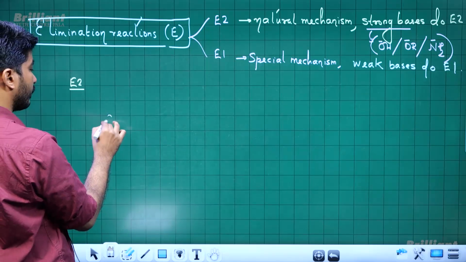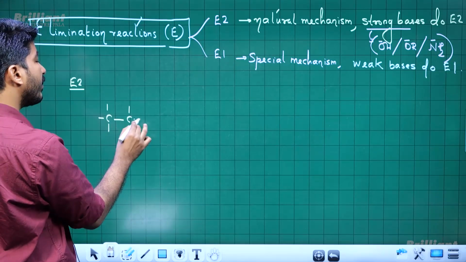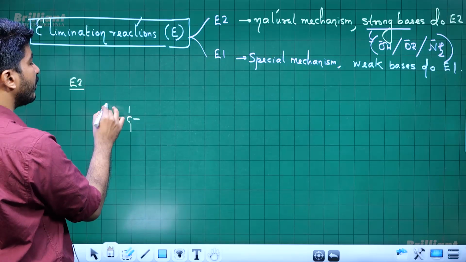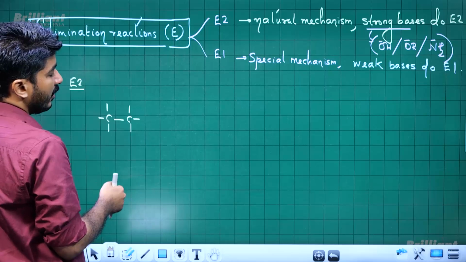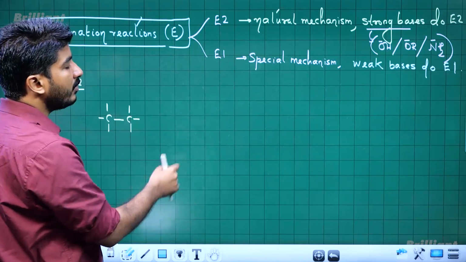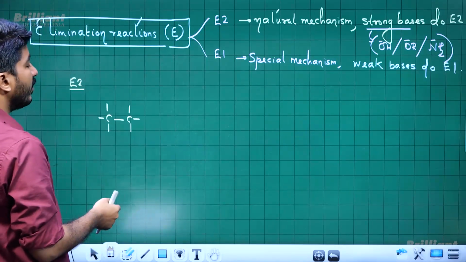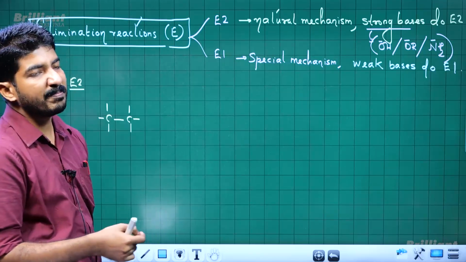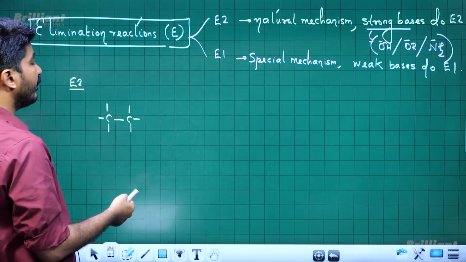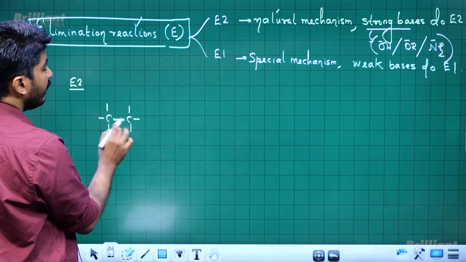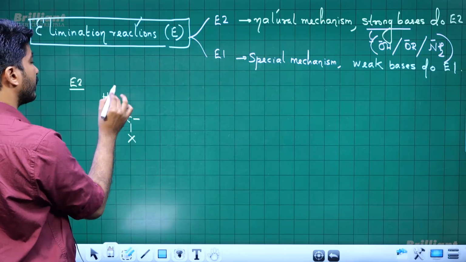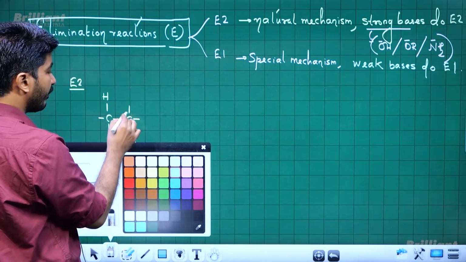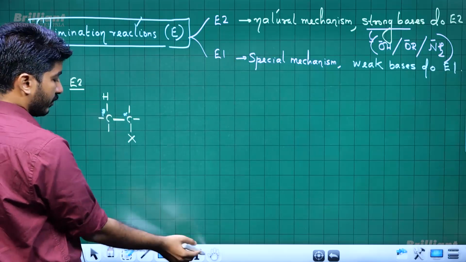For the E2 reaction, here we cannot simply write RX because it is a beta elimination. Nucleophilic substitution happens just on the carbon to which the leaving group is attached. But elimination is a way to prepare a pi bond, therefore we need to consider at least 2 carbons. So let's consider alpha and beta carbons.